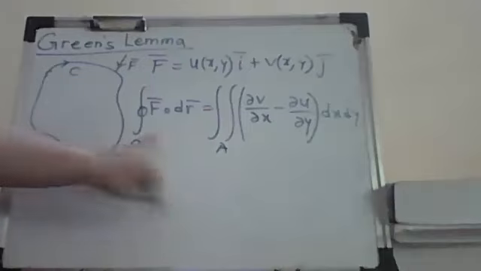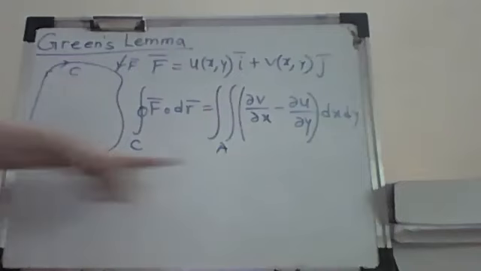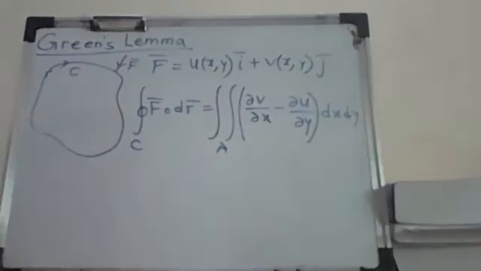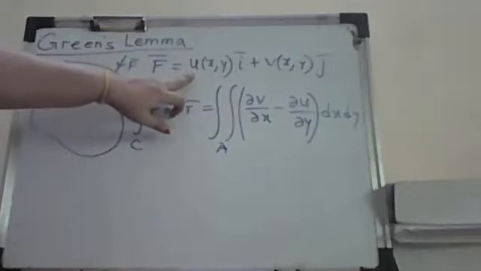See how strong a result it is, that I can define the relation between the line, that is the perimeter, and the surface integration with this function. Obviously this function has to be continuous, u and v have to be continuous.